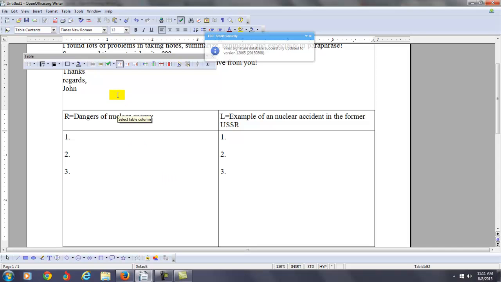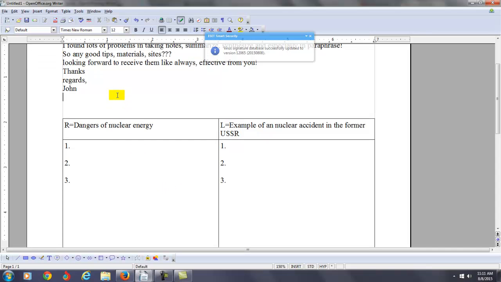Now the next thing is to begin, you have to include some type of introduction that will synthesize the main point from the reading and the main point from the listening passage.